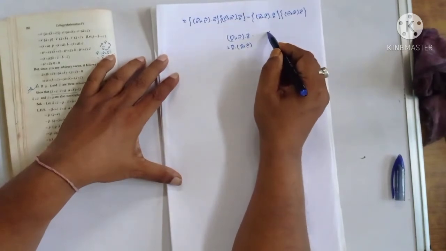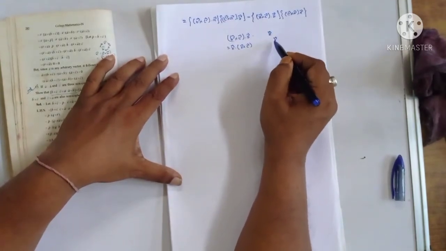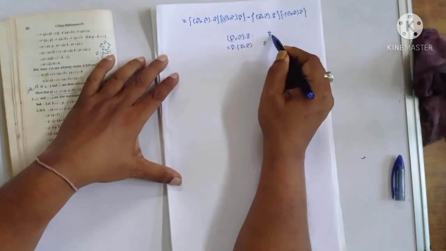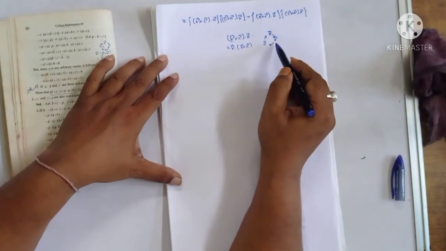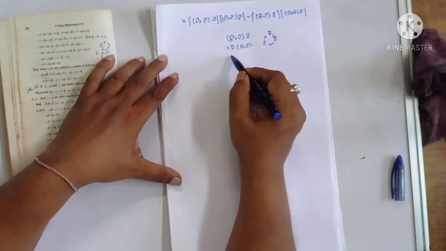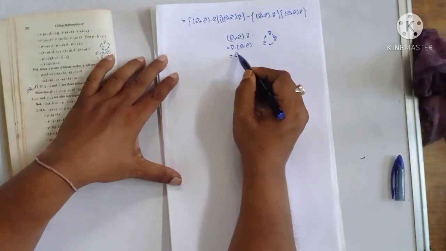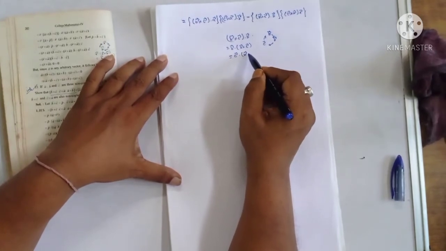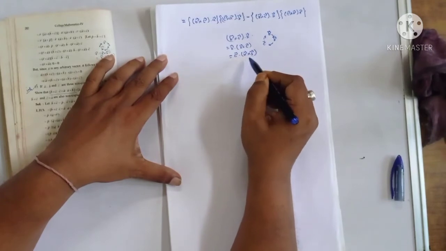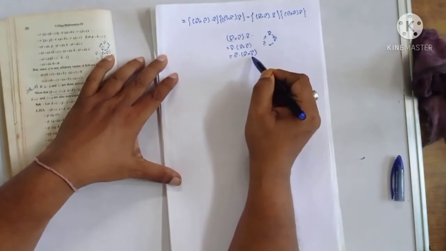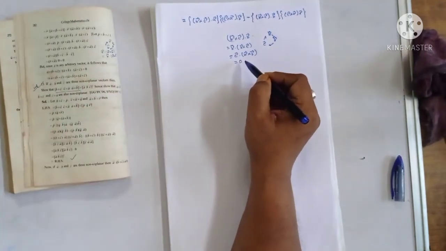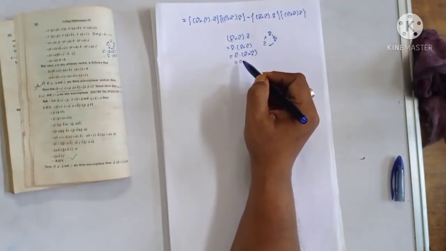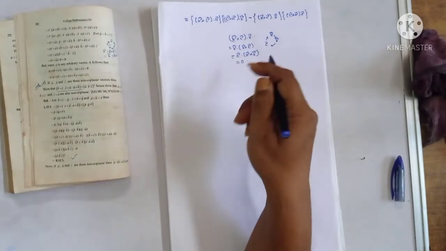So see B vector, then C vector. This you can write as also C vector dot B vector cross B vector, and this is equal to 0 because sine 0 is 0, so this becomes 0. So you can write this like this also, this is 0.